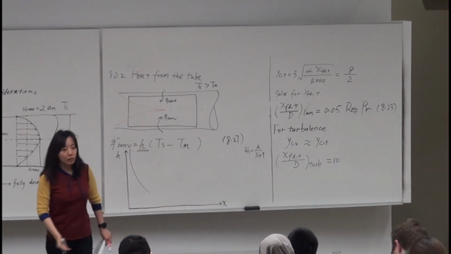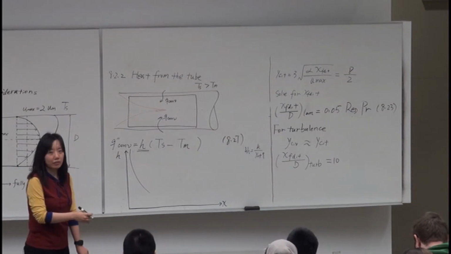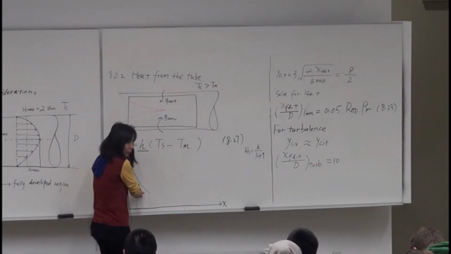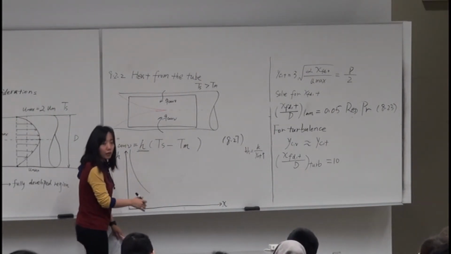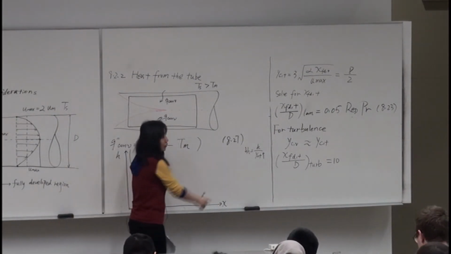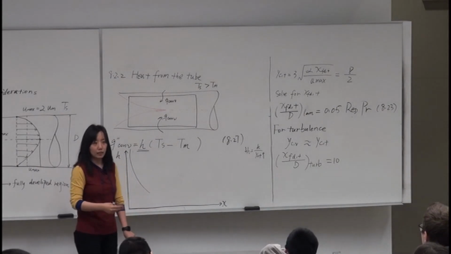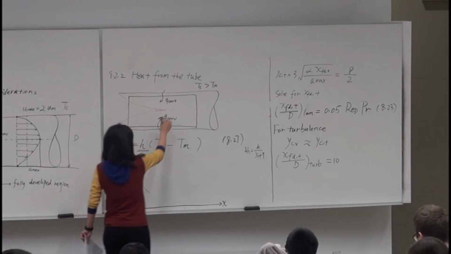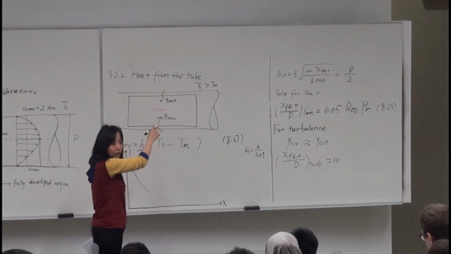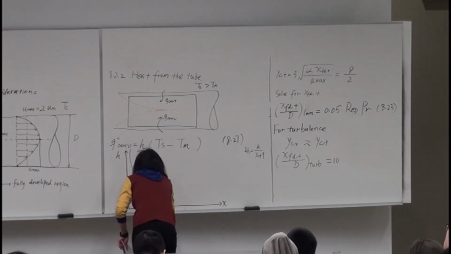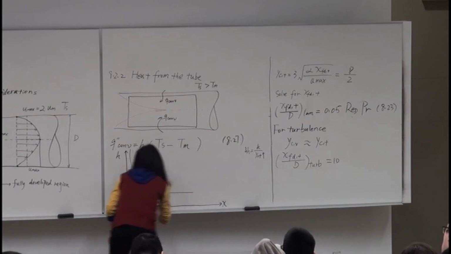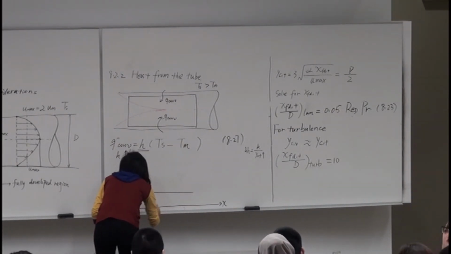Your local convection heat transfer coefficient decreases, but does not approach zero. For external flow, it approaches zero because the thermal boundary layer can expand as much as it wants. But for this case, it stops once it merges at the center line and remains constant.